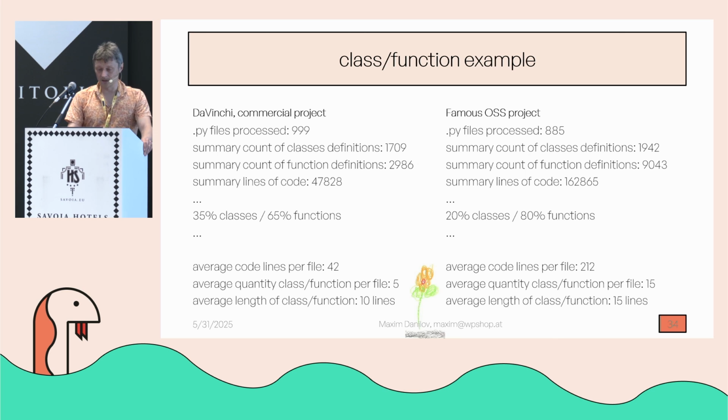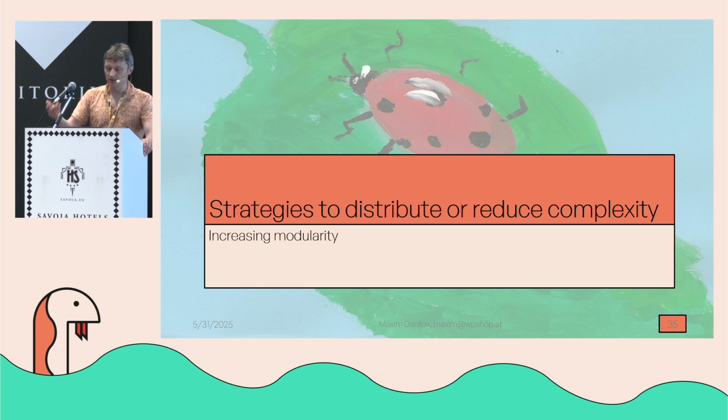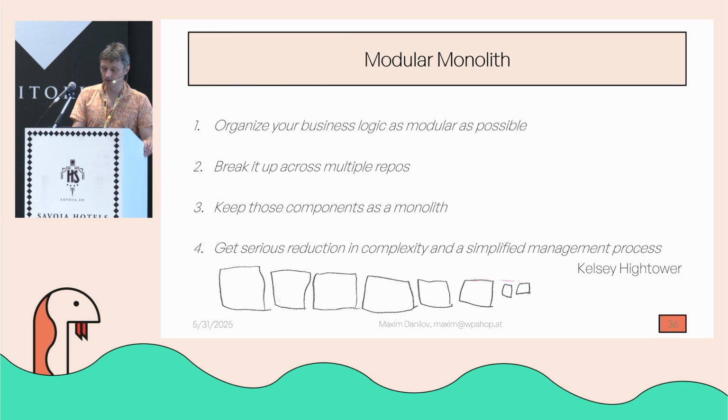What else do we have? Increasing modularity. This is probably the important part of this talk, because we start to speak about the modular monolith. And Kelsey Hightower, the first evangelist from Kubernetes, described this idea strictly many years ago.